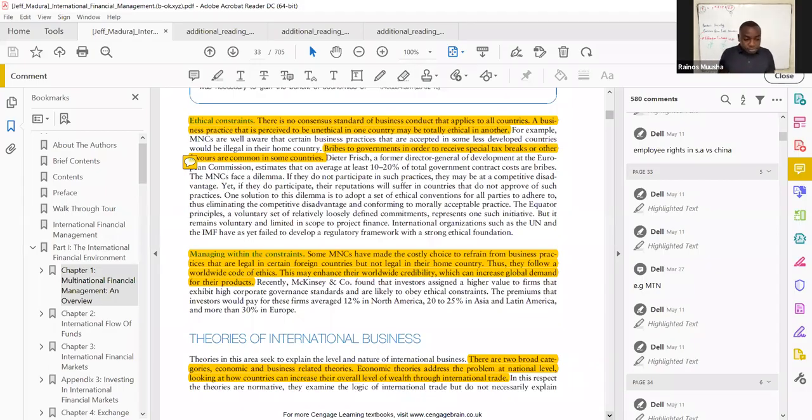the managers and the different parties in decision-making positions for the organizations usually belong to a particular professional body. And remember, when one belongs to a particular professional body, they are also expected to conduct themselves within the rules and regulations of that professional body.